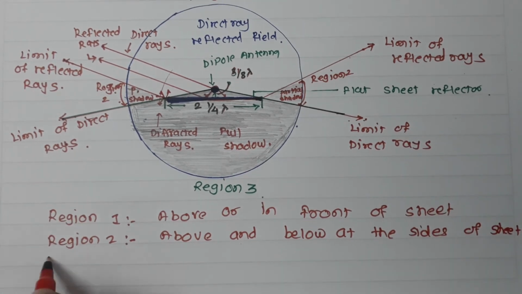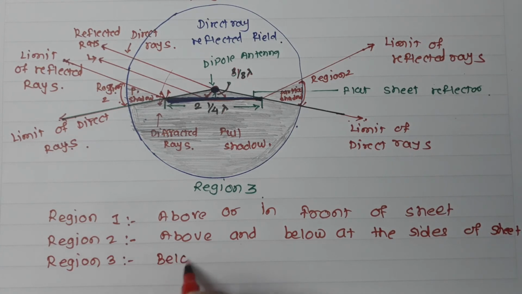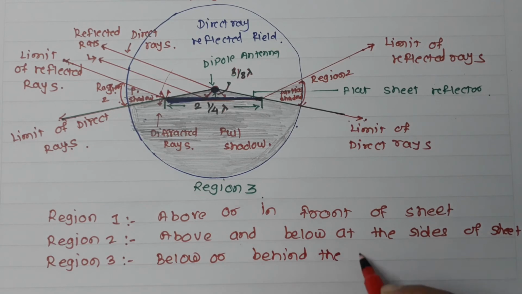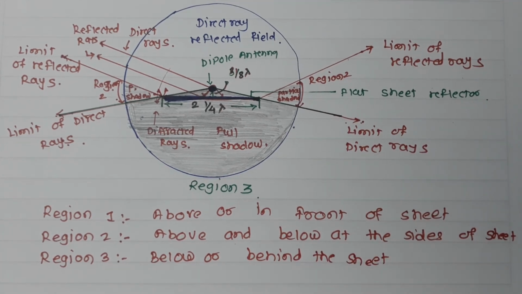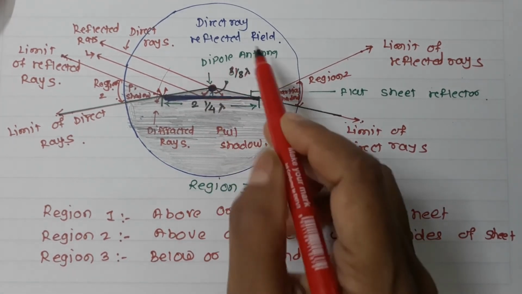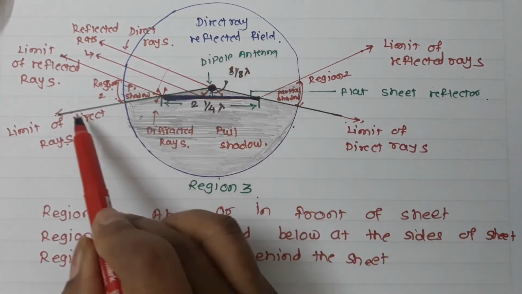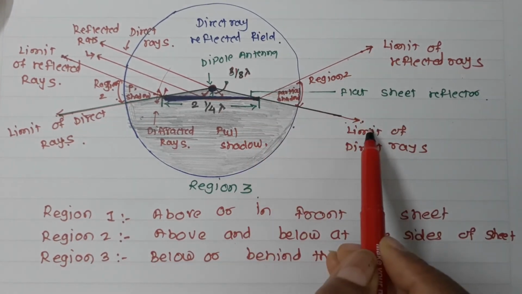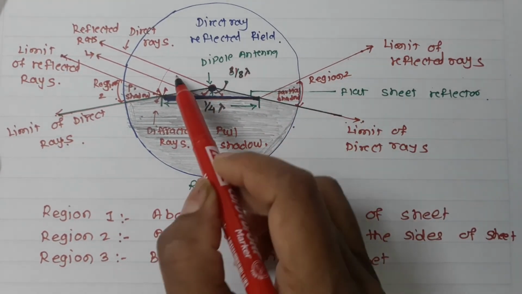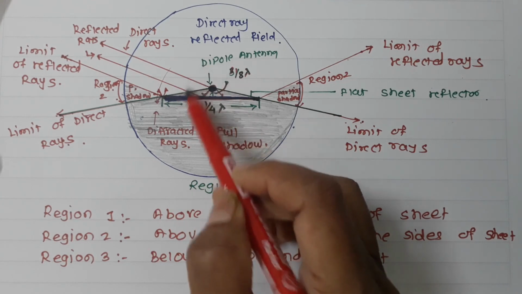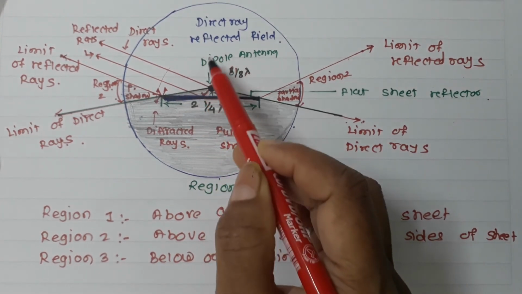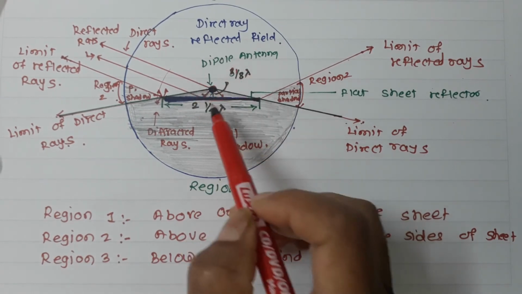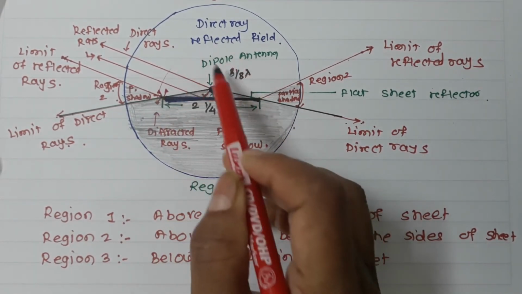And region 3 is below or behind the sheet. In region 1, this is the limit of direct waves, this is the limit of reflected waves, this is again a limit of reflected waves, and this is the limit of direct waves. In this region the radiated field is given by the resultant of the direct field of the dipole and the reflected field from the sheet. So image theory is used to obtain the radiation pattern in this region.